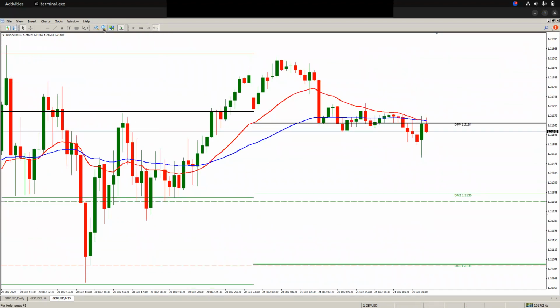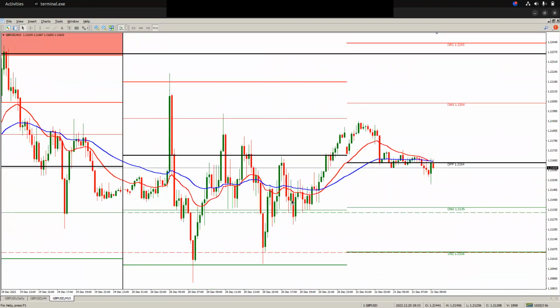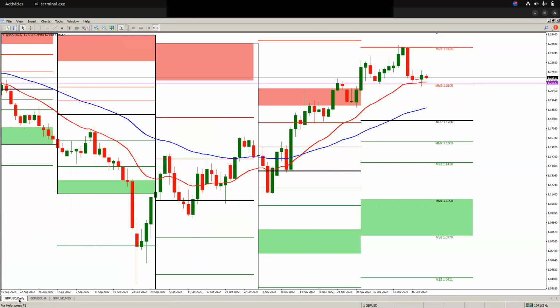You can see from an M15 perspective, price came up, broke above the 21.55, price came down, and is currently sitting over here. So if you were a bull on pound dollar, right now you'd be looking for the higher high, higher low. If you were a bear, you'd simply say, well, I can't sell over here, so you'd leave it alone and move on to the next currency pair.